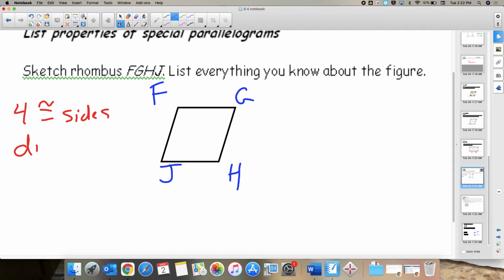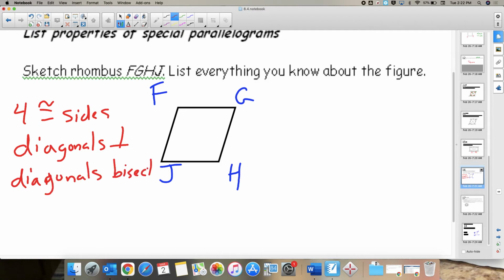We know the diagonals are perpendicular. We know the diagonals bisect the opposite angles. Right? Those are the new properties we learned today.